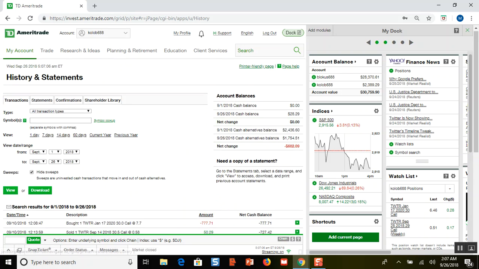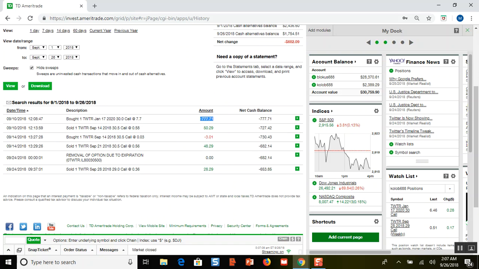These are my transactions. So there's the $777. Sold to open a $30.50 call, took in $50.29, bought it back for $3, so made $47 there. Sold another one for $48.29, and I just let the darn thing expire all the way to zero, so that's $96 that I made.